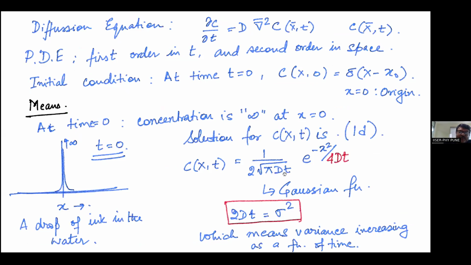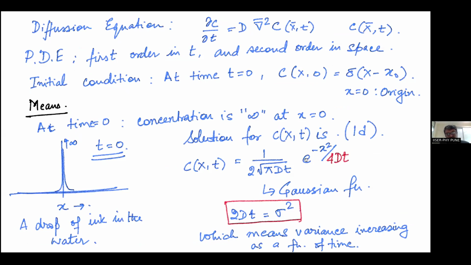It's sitting in the denominator, means this is becoming bigger and bigger. Means at a certain point in space, if you look at concentration, it is becoming lower and lower, because the denominator is becoming bigger and bigger. Concentration at any point in space is becoming lower and lower.